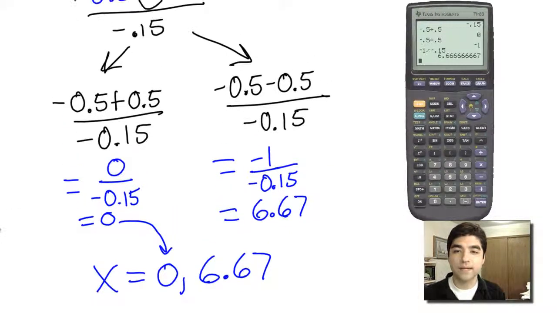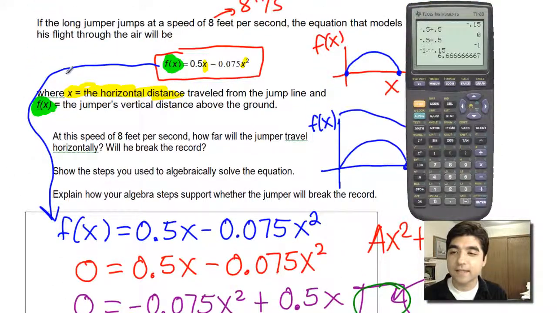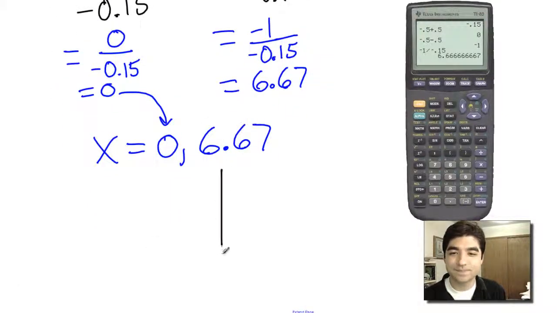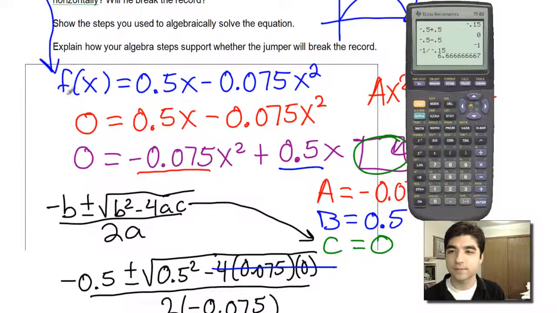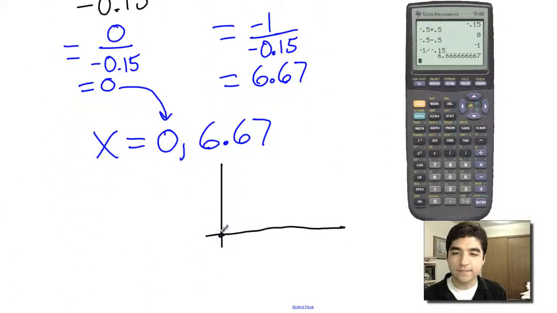Now remember, back up into our paragraph here. X is our horizontal distance. So that means that when f of x equals 0, remember we made f of x equals 0, that happens when x equals 0 and when x equals 6.67.